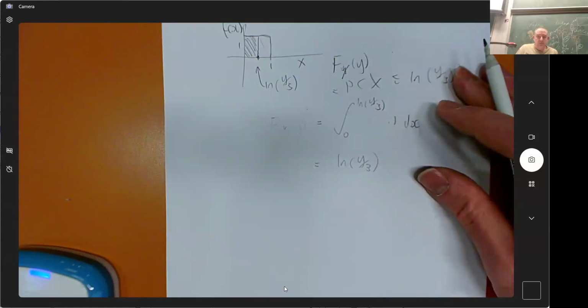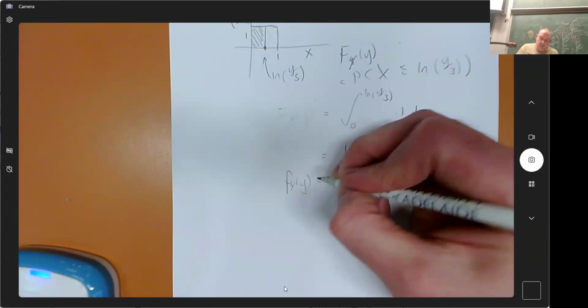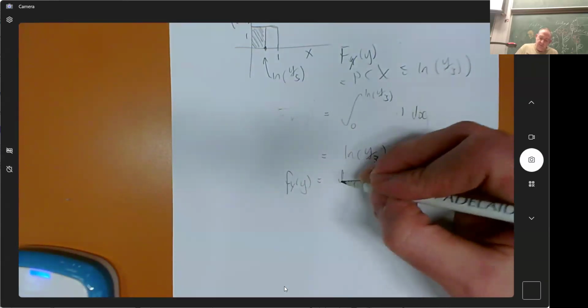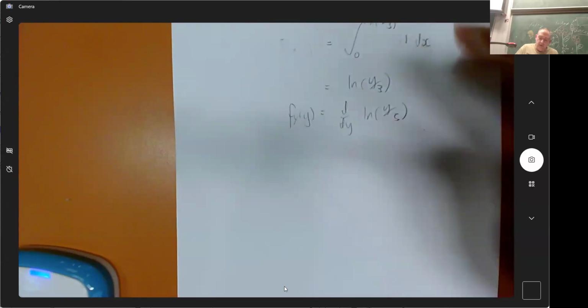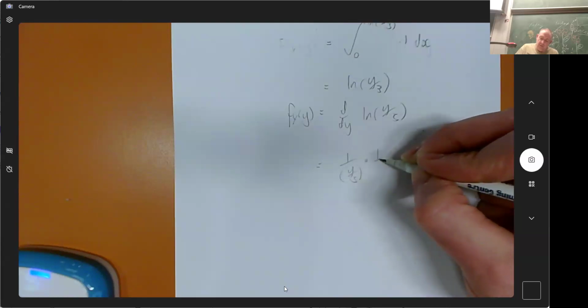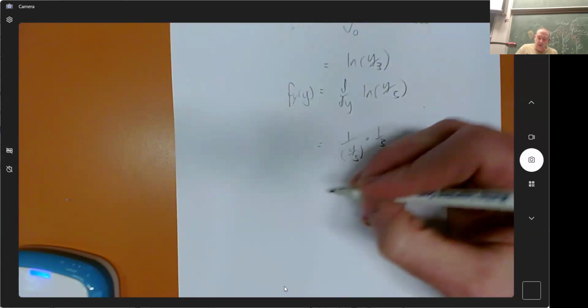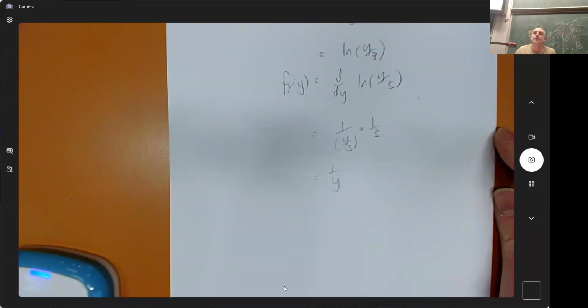And so therefore, little f_Y(y) will be the derivative of this, which will be 1 on y/3 times the derivative of the inside, which is 1/3. Yay!